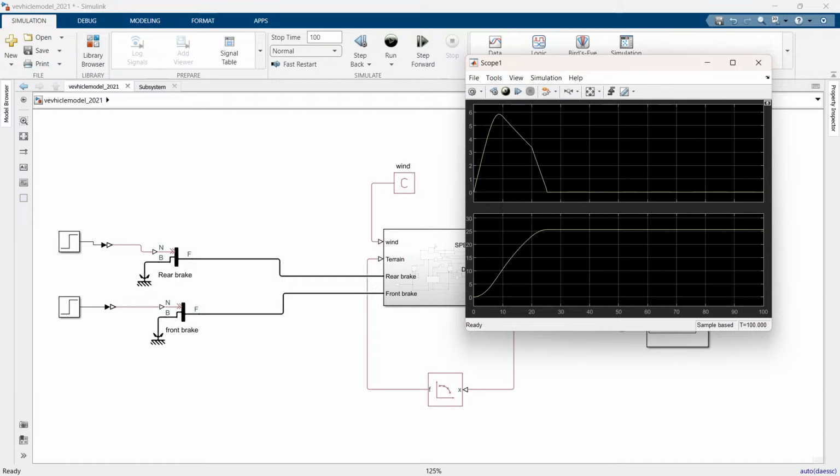Do you have any doubt on why we are applying a brake? This is just a scenario. When you are driving downhill, we are applying 2 brakes. At that time, what will happen in our vehicle body? Vehicle dynamic simulation model.